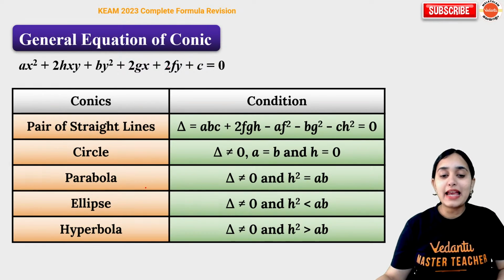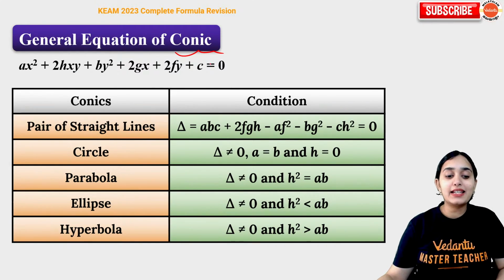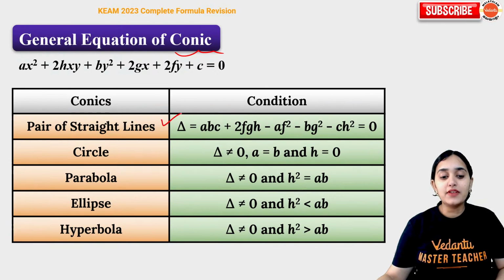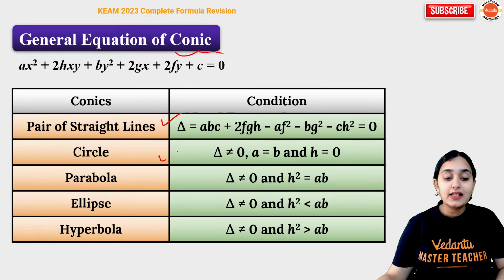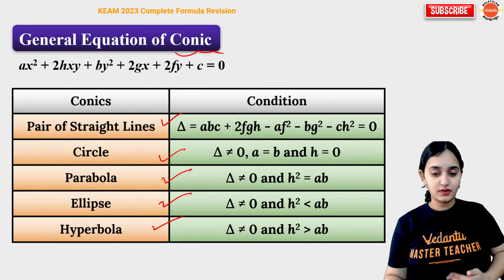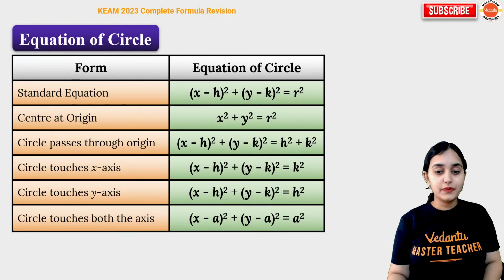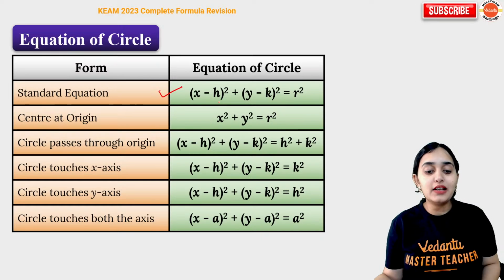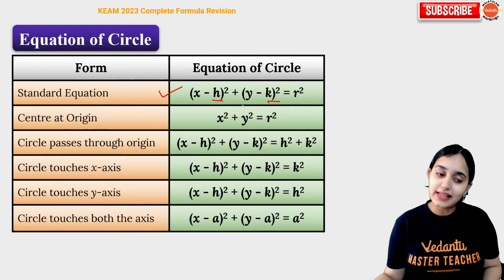Next, conic sections. The first conic section is the circle. In the conic sections we have learned about pair of straight lines, circles, parabola, ellipse and hyperbola. So this is the standard equation of all of them. Standard equation of a circle where h and k is the center.